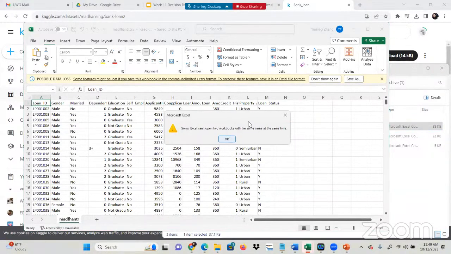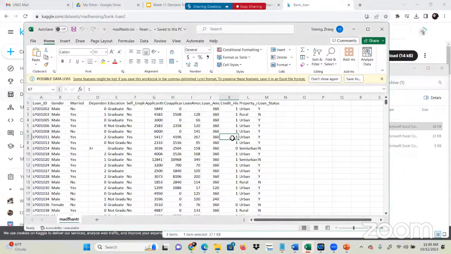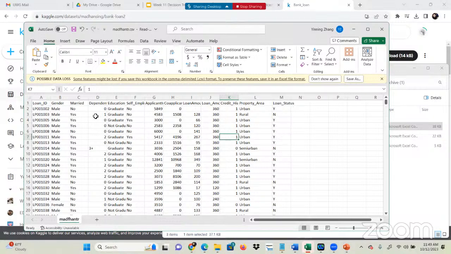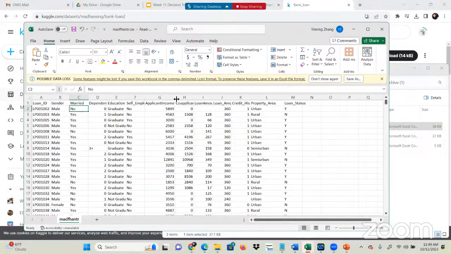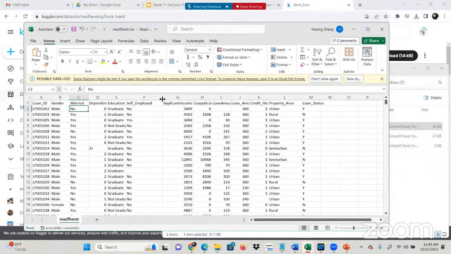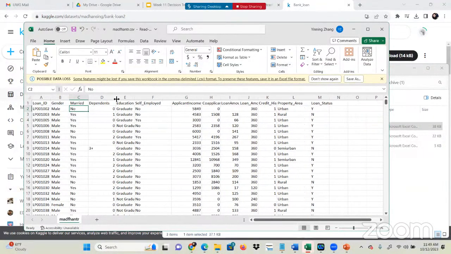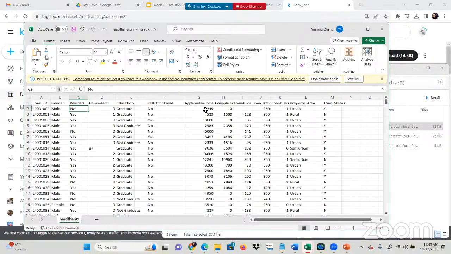See this data set, it has each person's application, whether they have dependents, what their education status is, and then the target variable is whether the loan is approved or not.